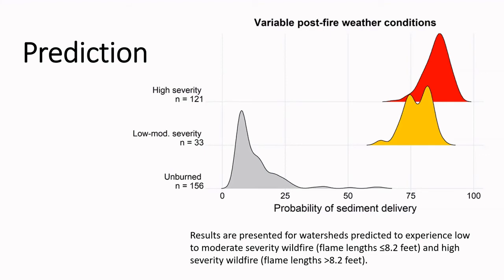These graphs show the number of watersheds predicted to have a majority of the area burn under high severity, low to moderate severity, or to be unburned. Then they show the probability of sediment delivery under a variety of different post-fire weather conditions. It was just to demonstrate that where there is potential for fire, there is a high potential for sediment delivery.